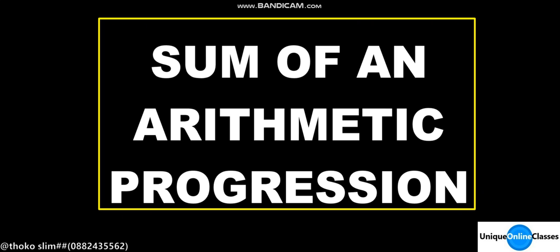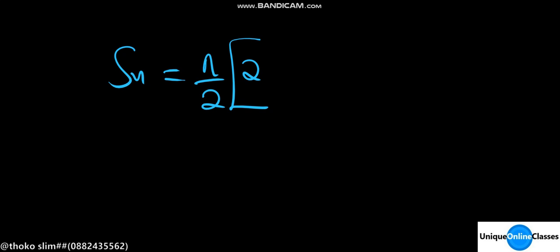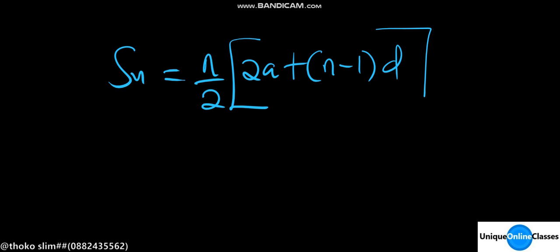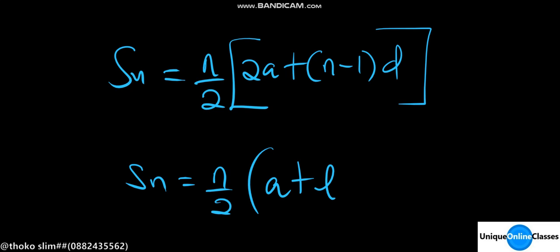To find the sum of an arithmetic progression, we really have two formulas. The first formula: Sn is equal to n over 2, then the big bracket, 2a plus open bracket n minus 1, then d. And the other one: Sn is equal to n over 2, then open bracket a plus l.